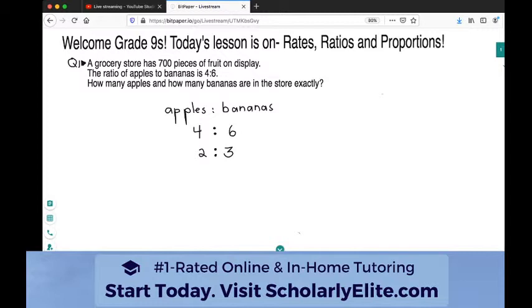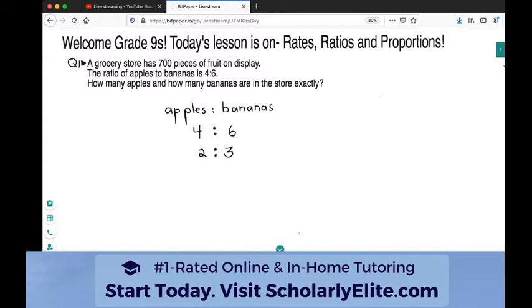So if the grocery store has 700 pieces of fruit on display, and the ratio is 4 to 6, there are a couple ways that we can do this. I'm going to show you guys what I believe to be the easiest way. And that's actually using a little bit of algebra knowledge.